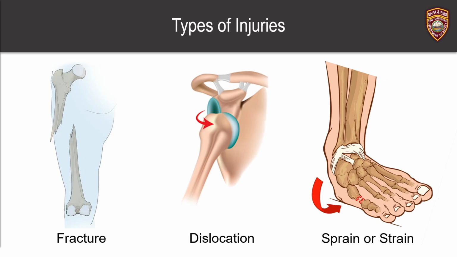Strains are caused by stretching or tearing of muscle. At this level, you will not be asked to differentiate between a sprain and a strain. Just note that it involves the stretching and tearing of the supporting tissues, whether those are ligaments, tendons, muscles, things like that.